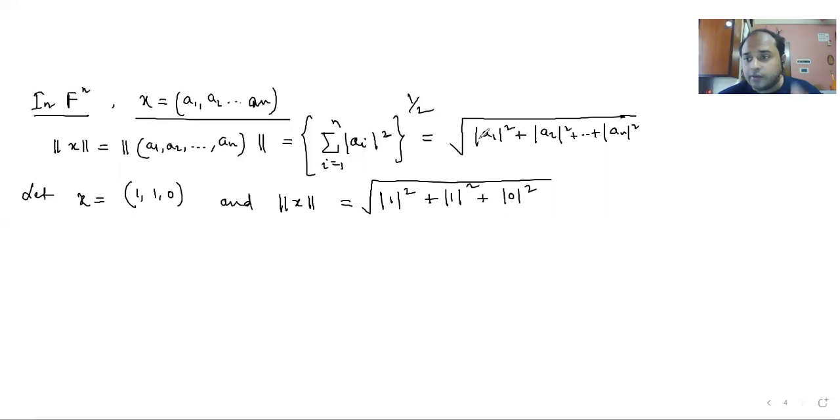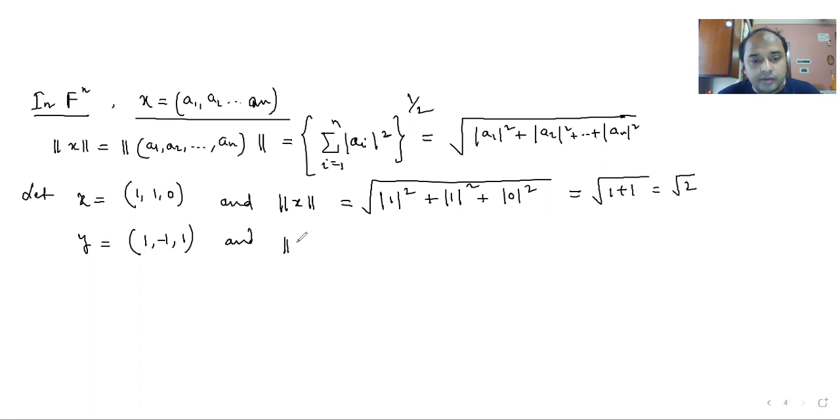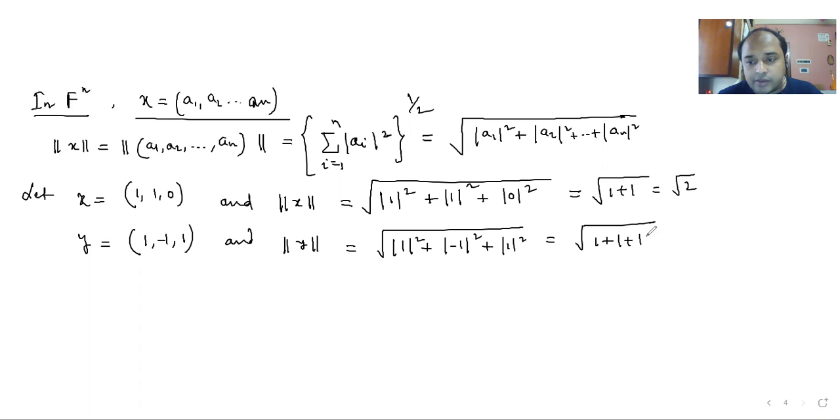Now I think you can correlate the two, and that is equal to 1 plus 1, which is root 2. If we consider y to be (1, -1, 1), then the norm of y will be the square root of mod 1 squared plus mod -1 squared plus mod 1 squared, which is 1 plus 1 plus 1, which is root 3.